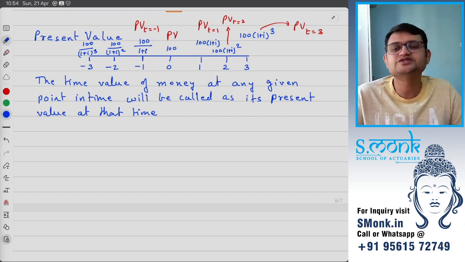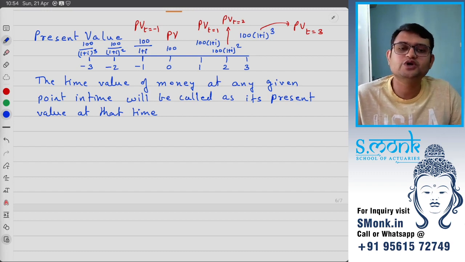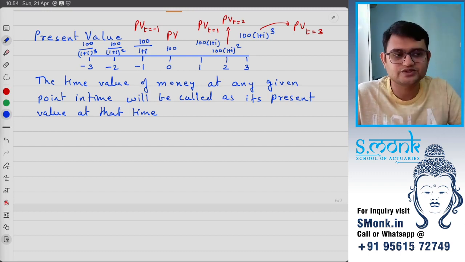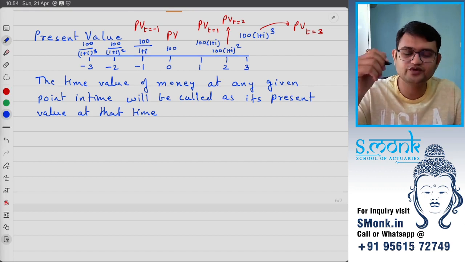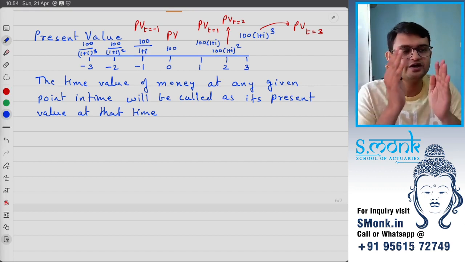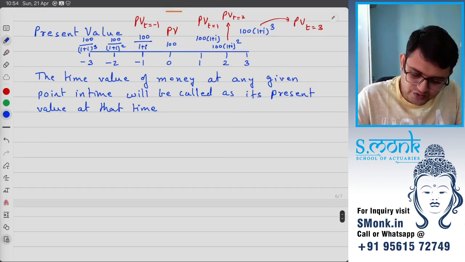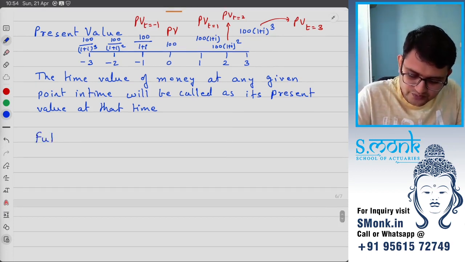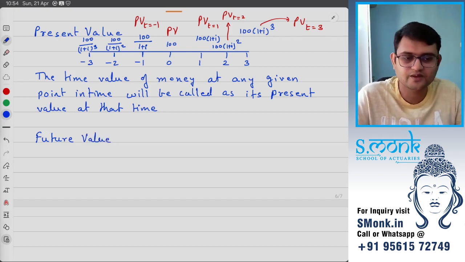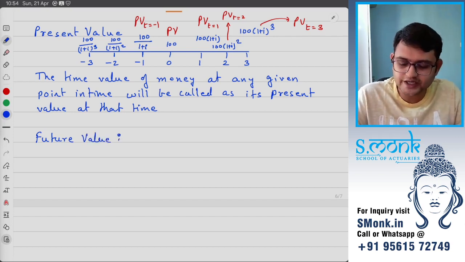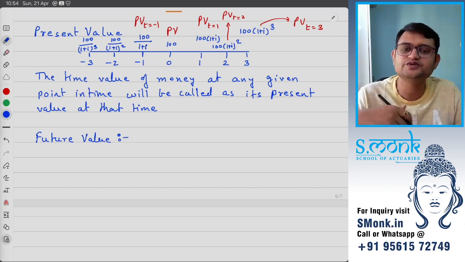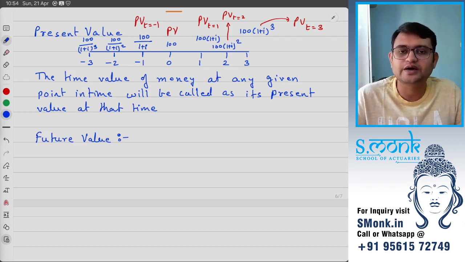Now, it's going to be confusing because we are always talking about two times. One would be today or whatever, one will be a time before and one would be a time after. So usually we use present value and future value. There is no technical term as future value, but we use it because it's easy for us to understand.